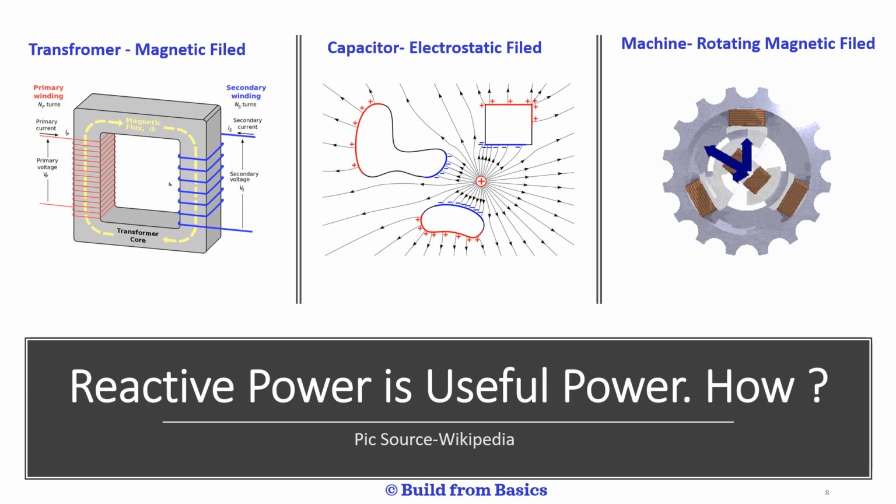Now let's talk about other equipment that produce reactive power. Reactive power is produced by lightly loaded transmission lines because they are capacitive in nature, or by synchronous machines, or static capacitors, etc. Basically, capacitors store electrical energy in the form of electric field.